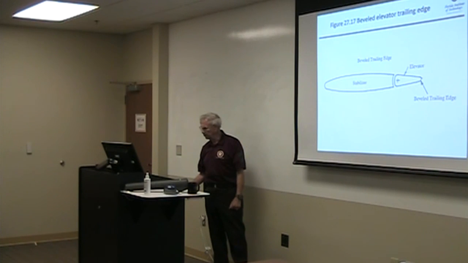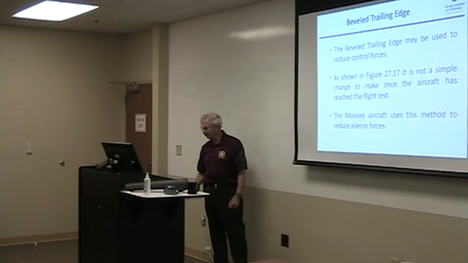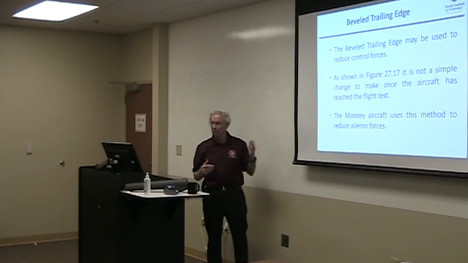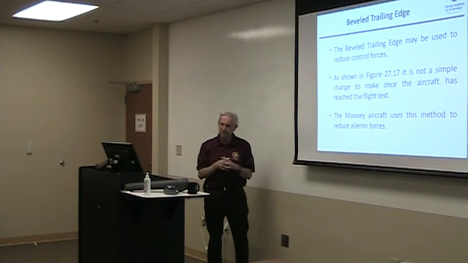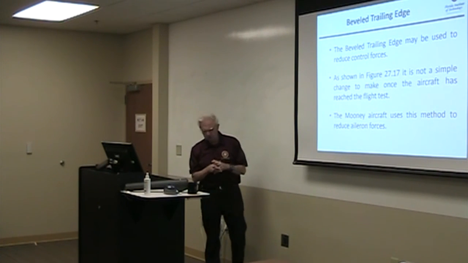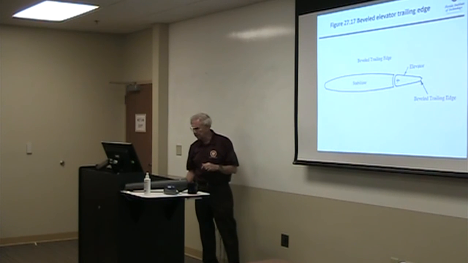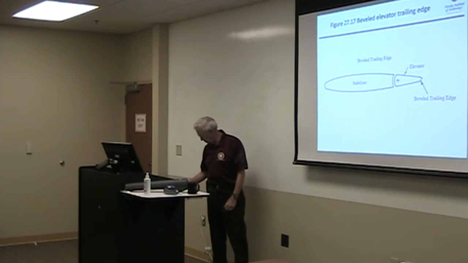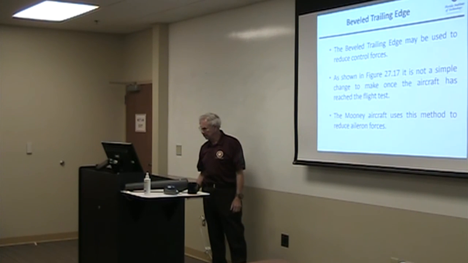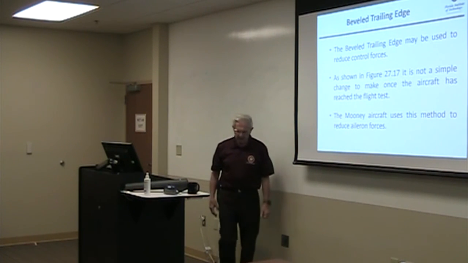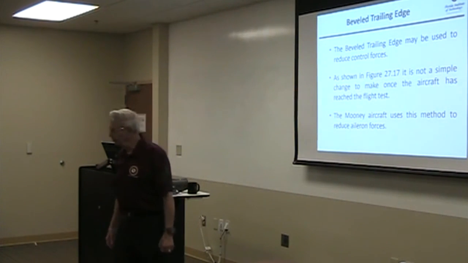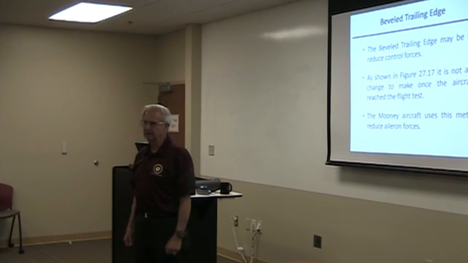The blunt trailing edge. And another one is the bevel trailing edge, and it's used to reduce control forces. The other one was used to increase them and stop short period problems. This one is used to reduce forces, and here's an example of it, the bevel trailing edge on the elevator. And if you ever see a Mooney airplane, I want you to go look at the ailerons.